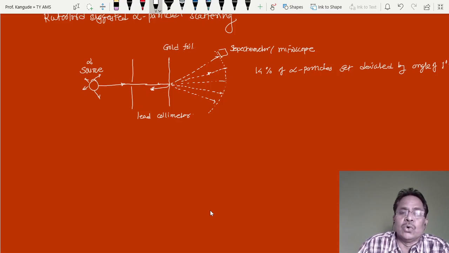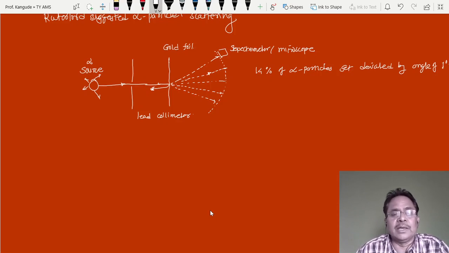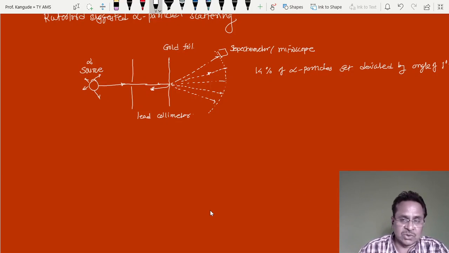These alpha particles are deviated by the thin foil as they travel through it. On the basis of this model, Rutherford thought about what is happening: why only 14% of the alpha particles get deviated by around 1 degree, while almost 86% go undeviated and do not change their path.